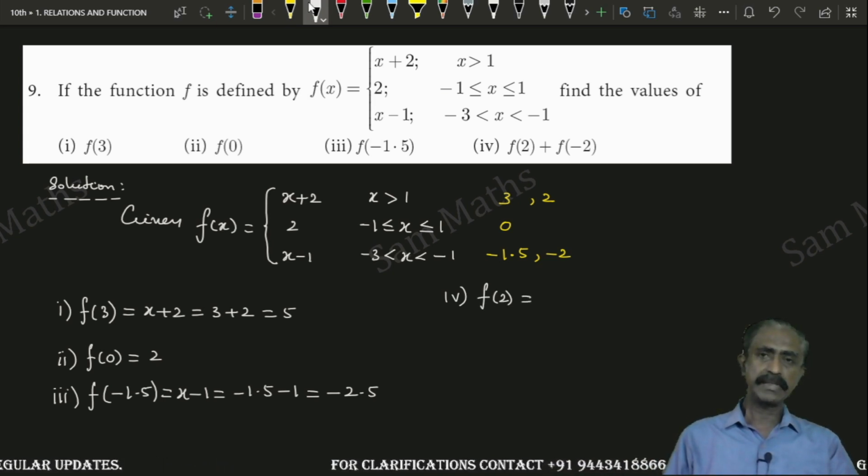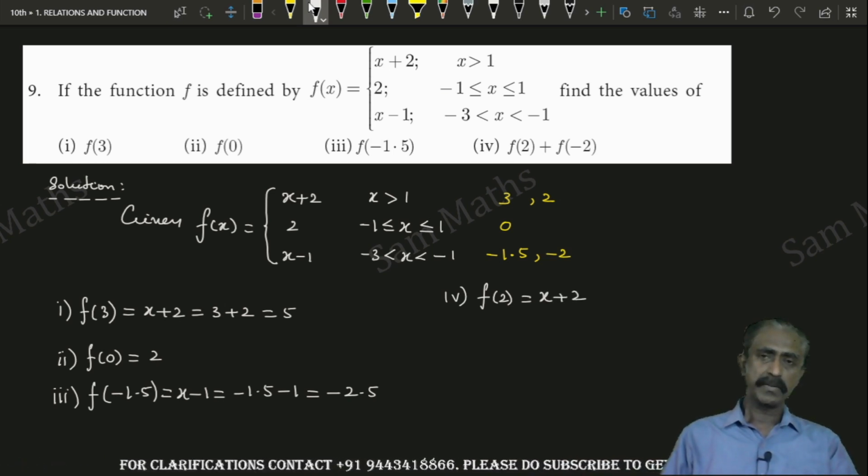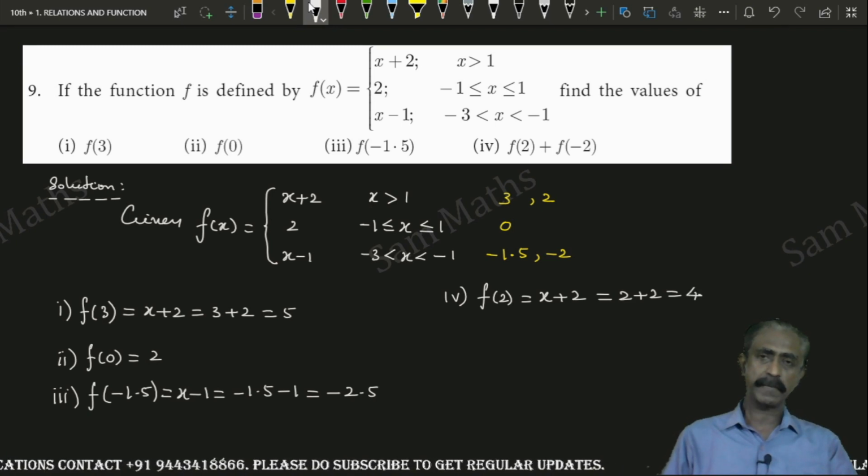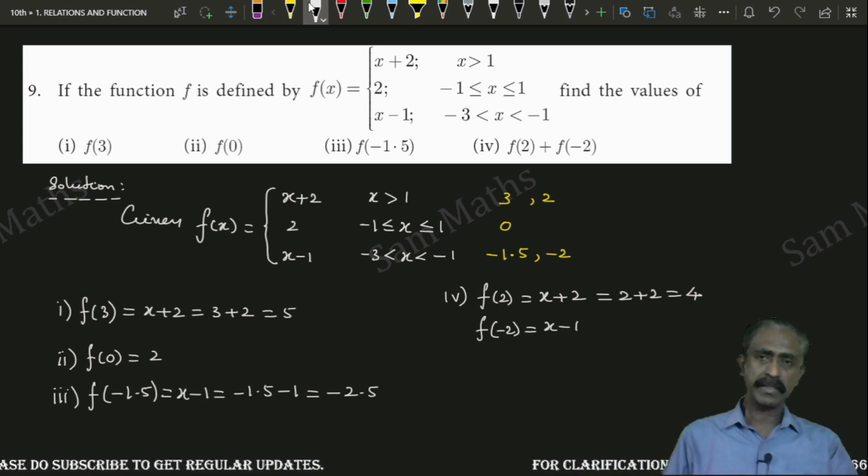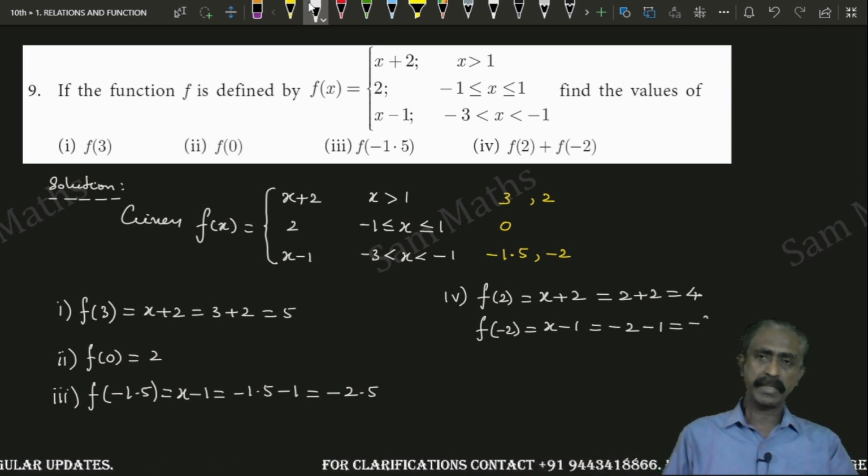It's in the first interval, so I am using the function x plus 2, x value is 2, 2 plus 2 is equal to 4. Then I need f of minus 2, which is equal to x minus 1, equal to minus 2 minus 1, equal to minus 3.